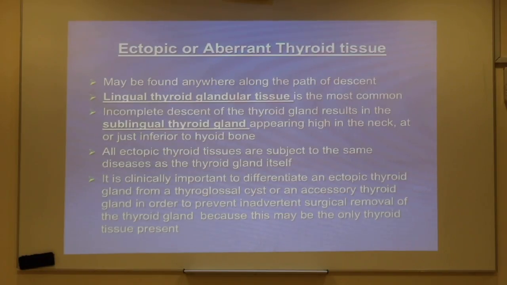It could be just below the tongue, or it could be anywhere along the course of the descent of the thyroid gland that you can find the ectopic thyroid tissue. You need to differentiate between an ectopic thyroid tissue and the thyroglossal cyst, because if you remove it thinking that it is a thyroglossal cyst, and that is an ectopic thyroid tissue, and that might be the only thyroid tissue there, you might lead to hypothyroidism, because there would be no hormones then.